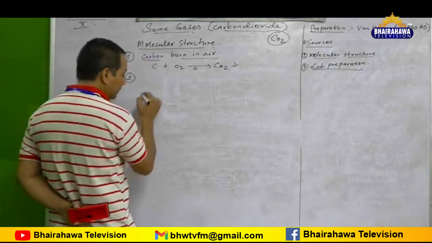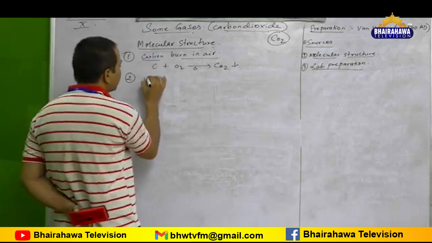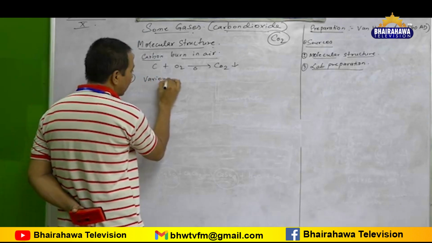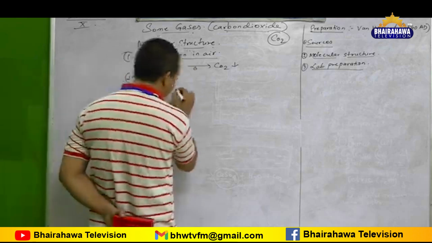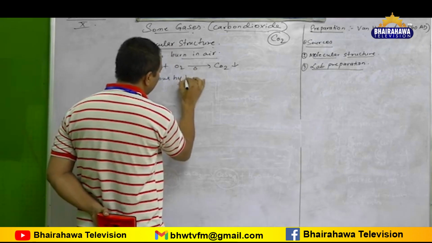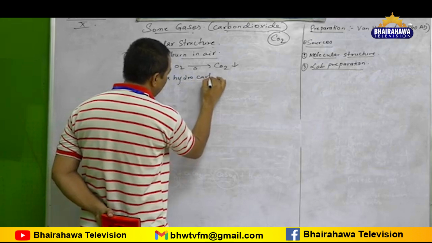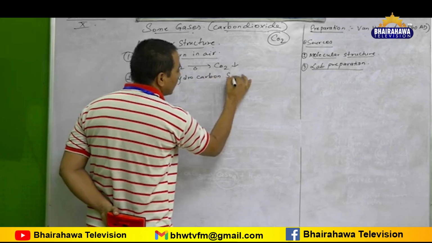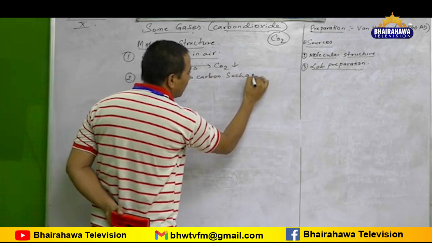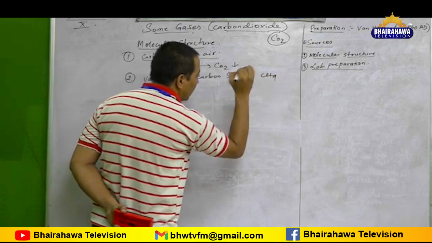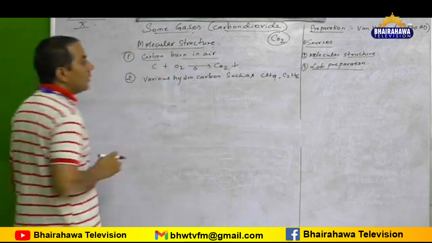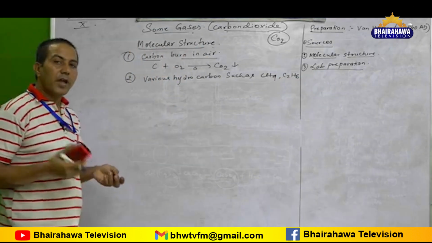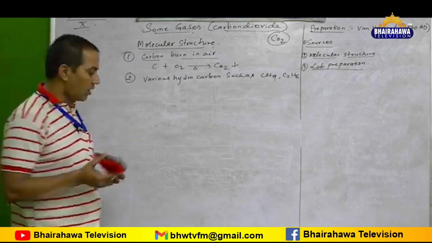The next example is various hydrocarbons such as methane or ethane C2H6. Various hydrocarbons means the organic compounds.